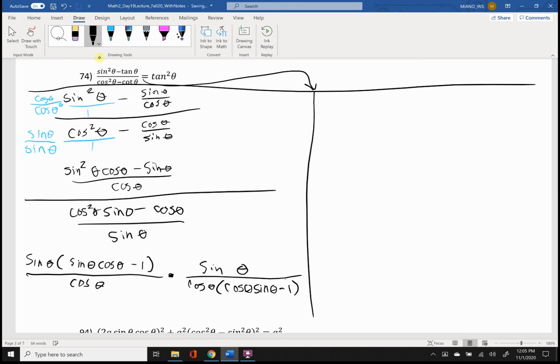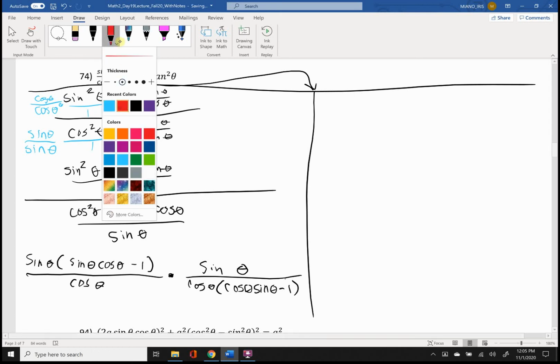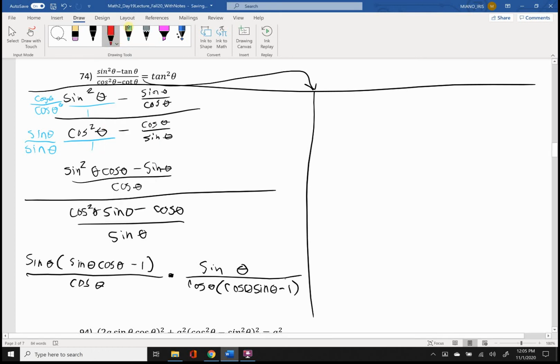Okay, and then check this out. Stuff's going to cancel, believe it or not. So this cosine sine, even though they're in different positions down here, it doesn't matter. It's still the same value in the first term position, and then we're subtracting off a 1. So technically they're the same and get slashed away.